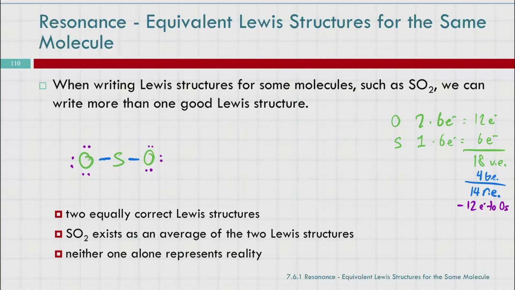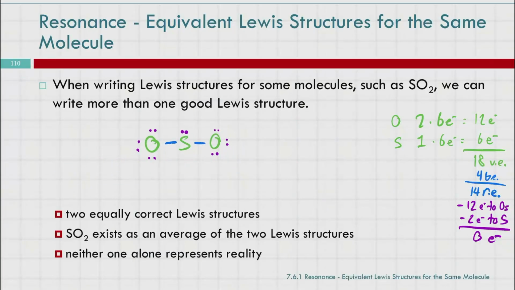That's not osmium, that's O's. And then we've got 2 left over, and that will go on our sulfur. So that's all of our electrons on the board. And you might be thinking to yourself, Mr. K, that's only 1 Lewis structure.